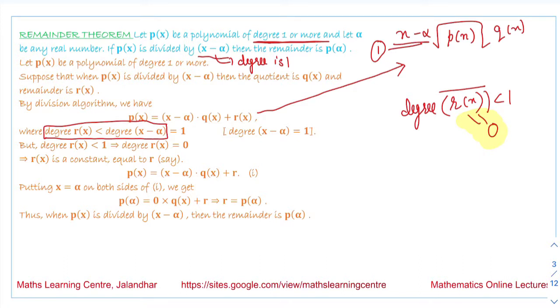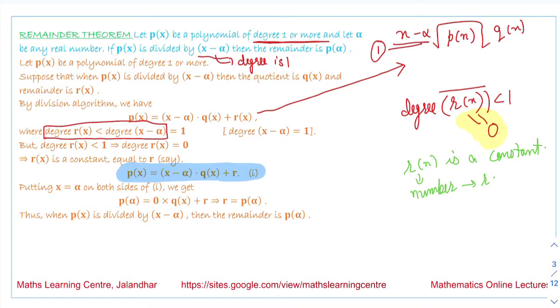What does this mean? When the degree of r(x) is 0, r(x) is a constant. The polynomial of degree 0 is a constant, so r(x) is just a number r.